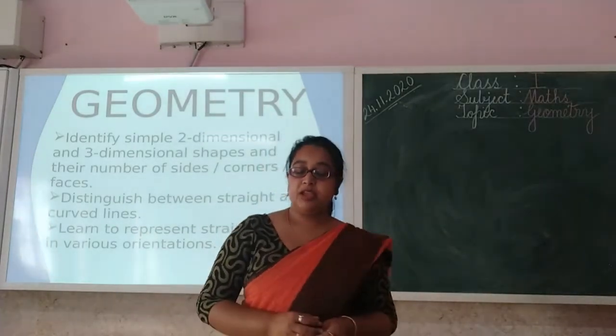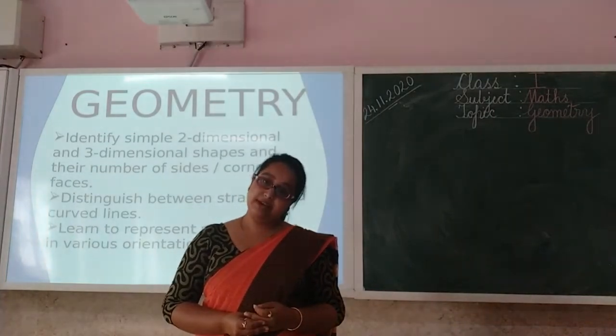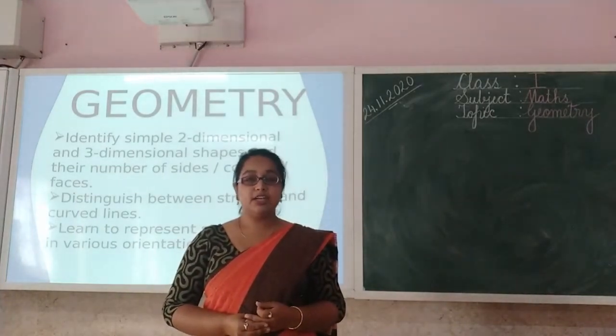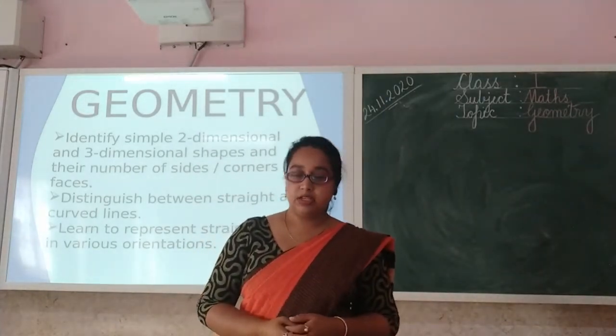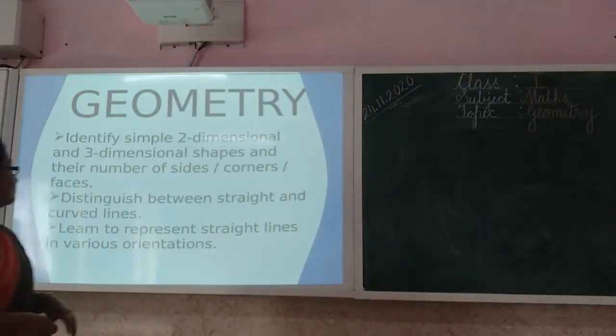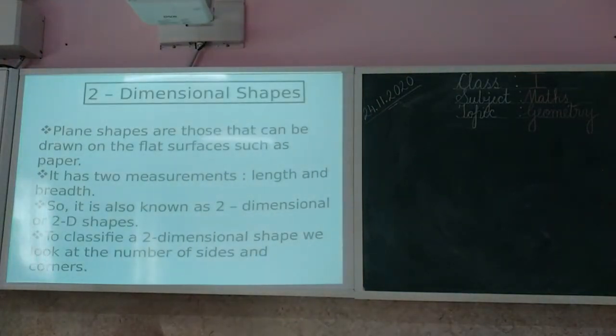Now children, you have already learnt about plane figures in your previous class. So let's just quickly revise and consolidate our knowledge. Plane shapes are those that can be drawn on flat surfaces such as paper.